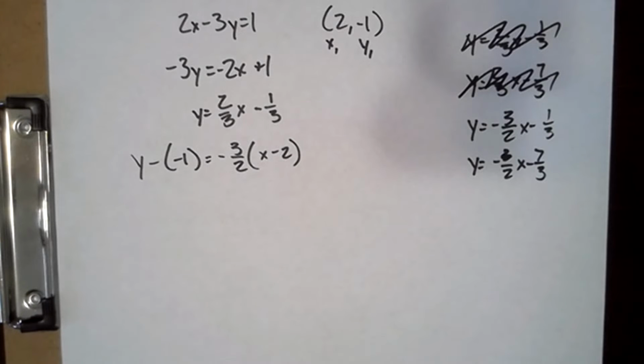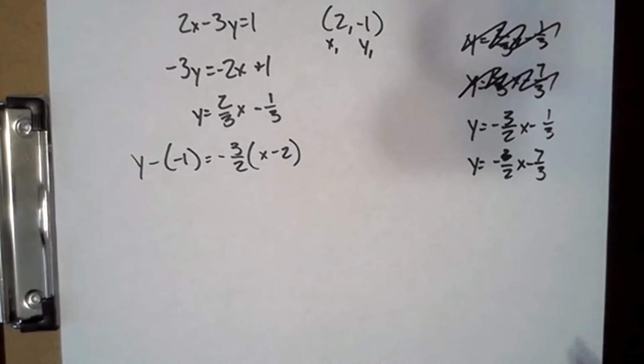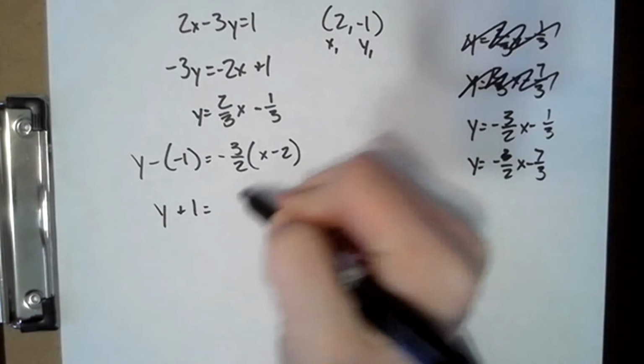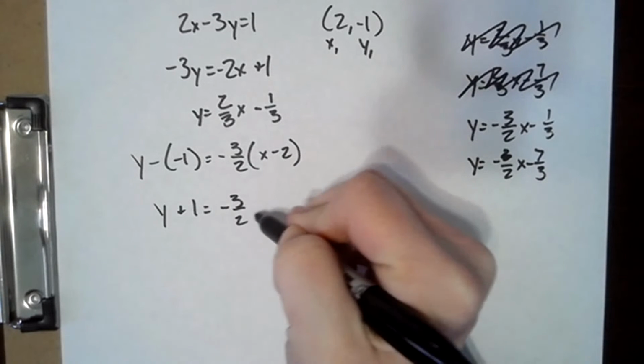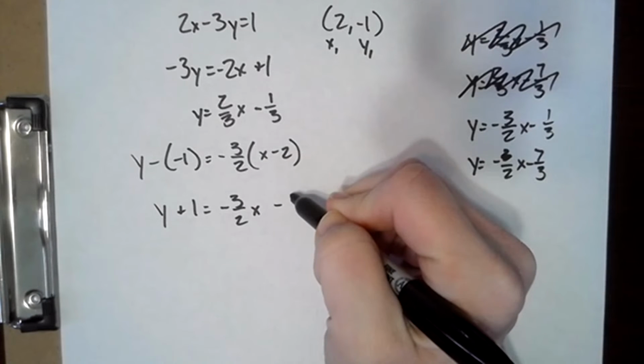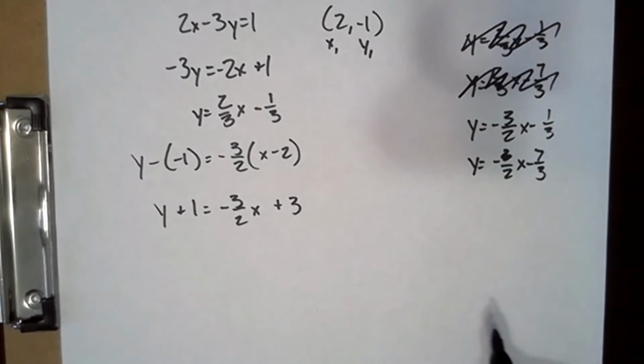This doesn't seem right based on what I've got here. I don't think any of these answers is actually correct. This is y plus 1 equals -3/2 x minus 3. Sorry, plus 3. Yep, that's better.